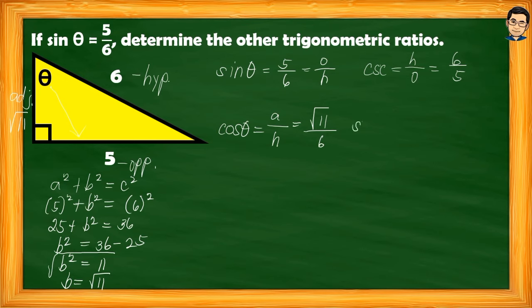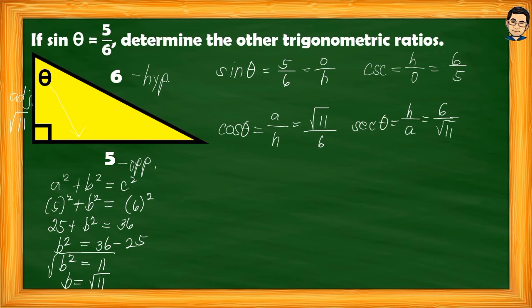And then, secant theta, syempre, reciprocal niya, that is hypotenuse over adjacent. So, hypotenuse is 6 over adjacent, which is square root of 11. So, dun sa lesson natin on radicals, kapag yung ating denominator is a radical, naka-express in radical, kailangan po natin niyang tanggalin.